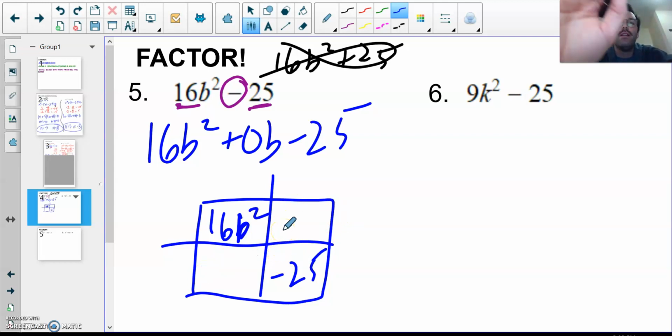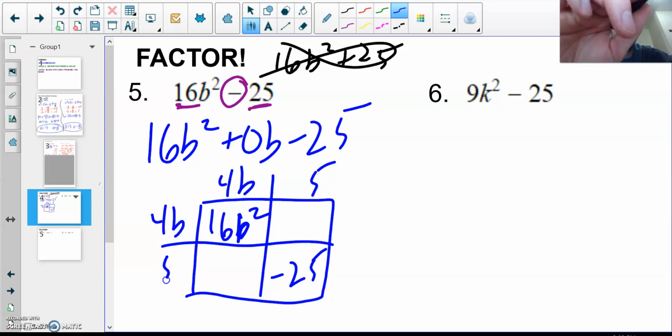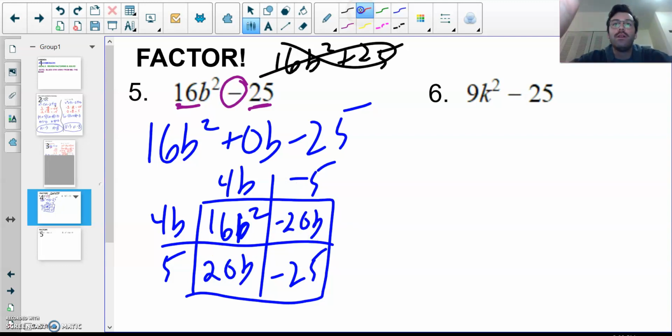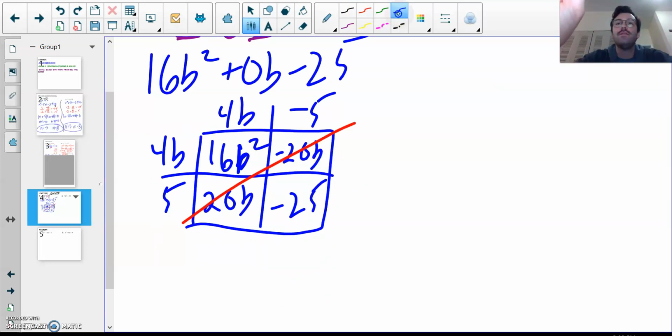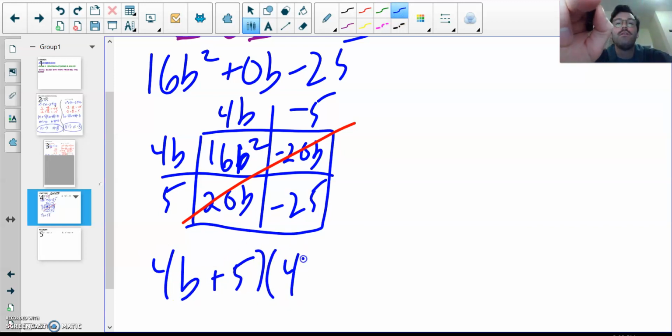Well, I know that 4b and 4b will give me 16, and I know that 5 and 5 will give me 25. If I want the negative 25, one of them will have to be negative. So this is 20b, and this is negative 20b. Oh, look, these two cancel each other out. So our factors here are 4b plus 5 and 4b minus 5.